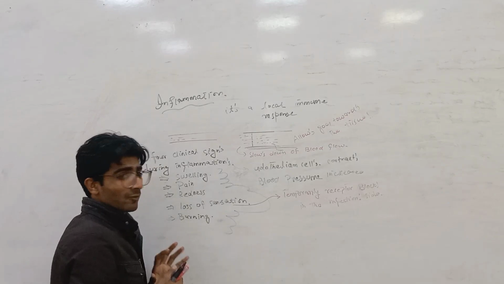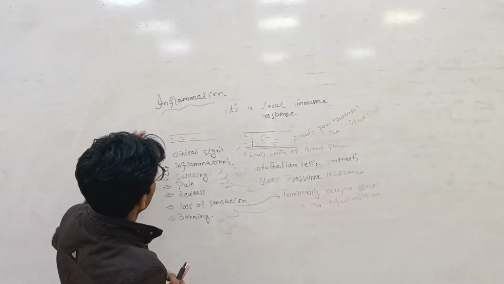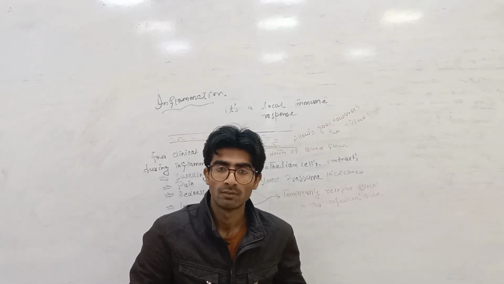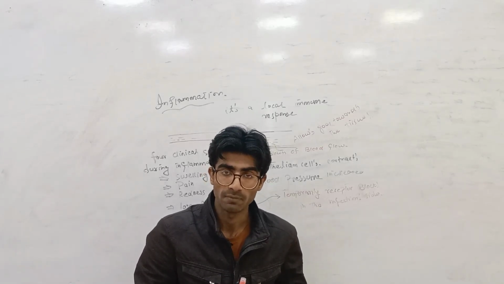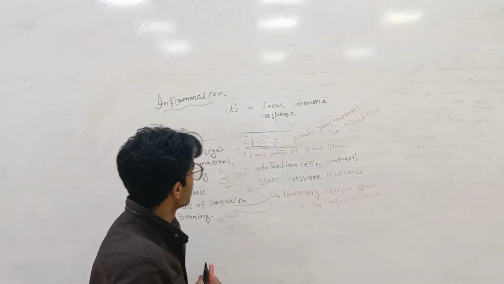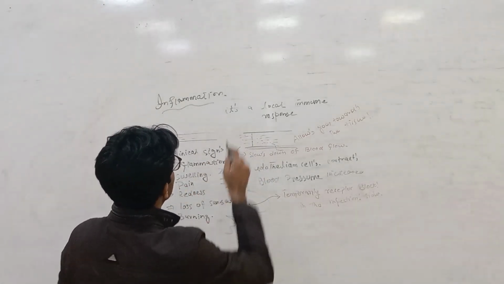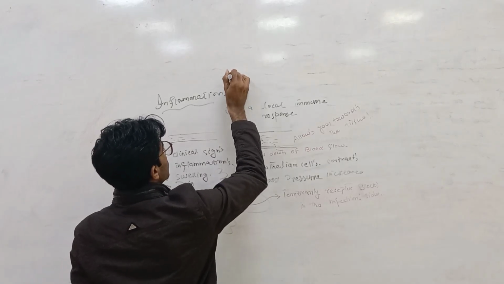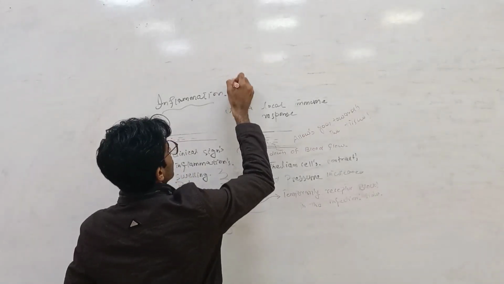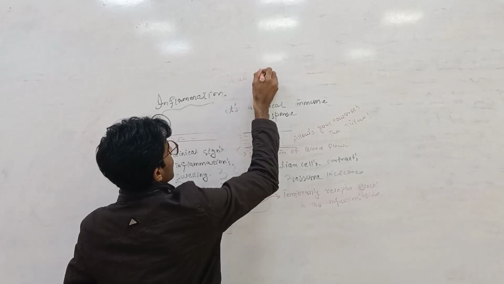Another point I want to explain to you is that inflammation is of two types. The first is acute inflammation, the second is chronic. Let's discuss acute and chronic.